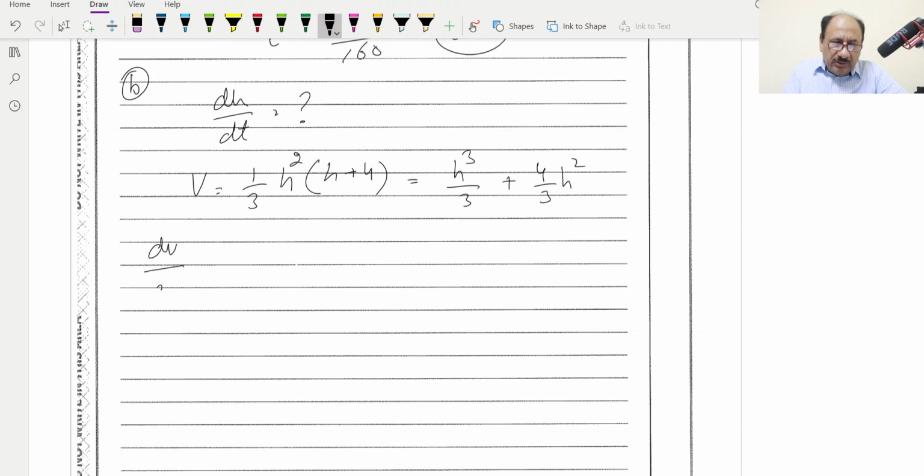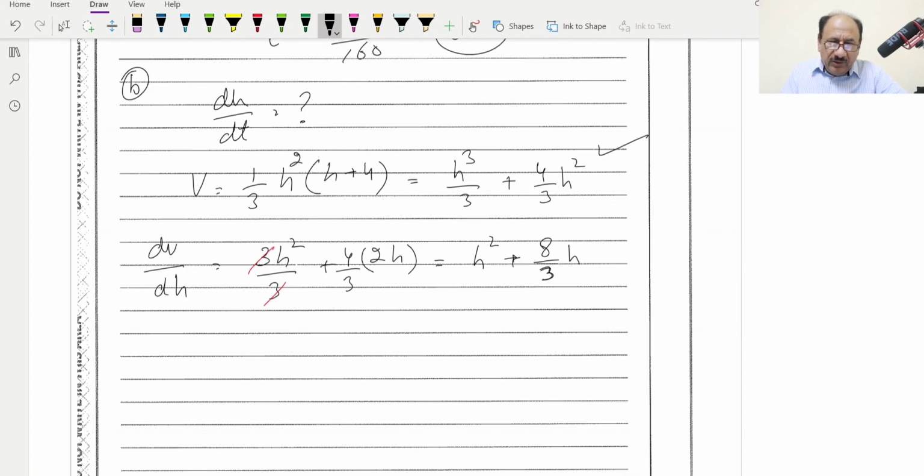So dV over dh will be 3h squared over 3, and similarly the derivative of the second term will be 4 by 3 into 2h. After cancellation, we can write it as h squared plus 8 over 3 h, so this will be dV over dh.